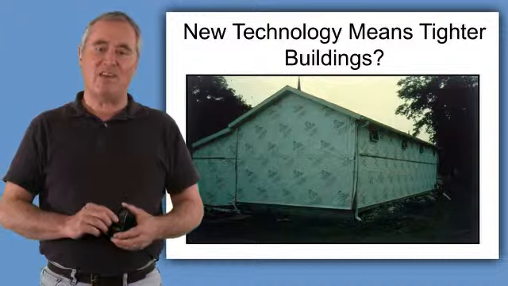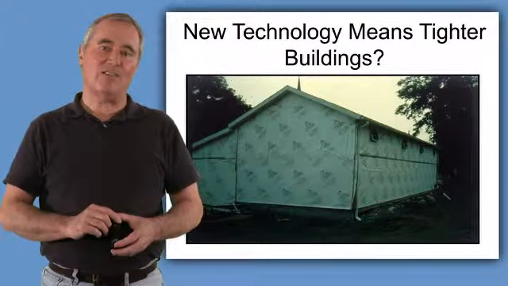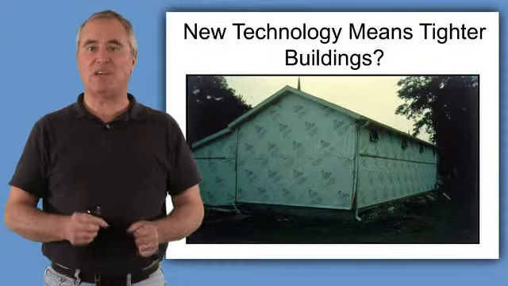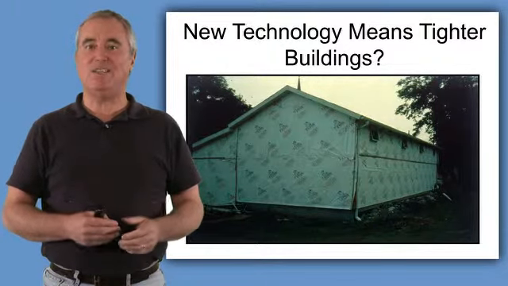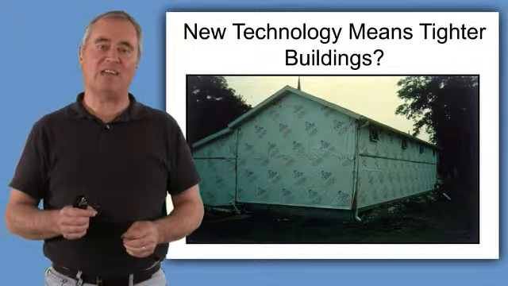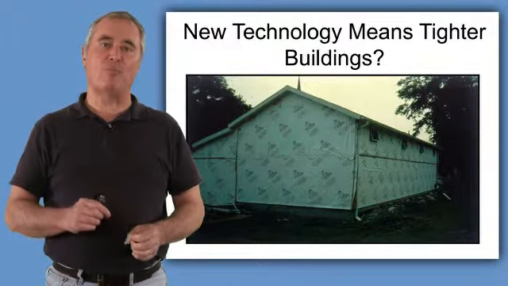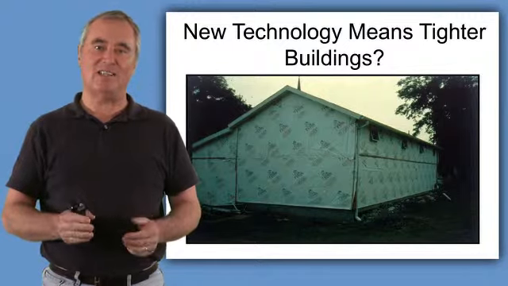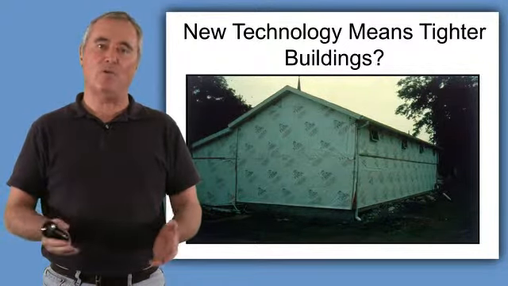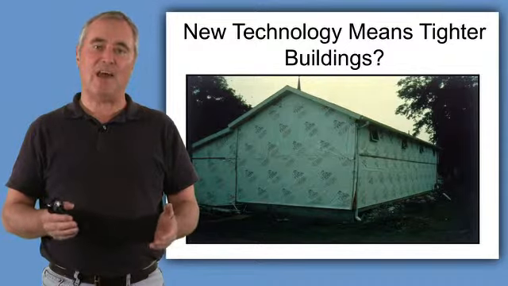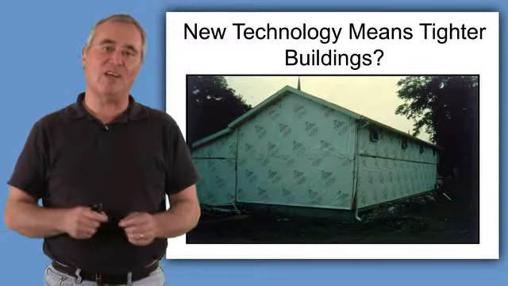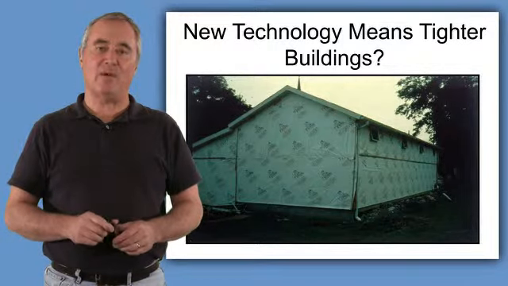So often we think that the new technology, like the new advanced house wraps and weather-resistive barriers, make it easy to decrease air infiltration. But if we're not taking a systematic approach to air sealing, sealing not only the walls, but the junction between the walls and the floor system or the slab, between the walls and the pressure boundary at the ceiling, we don't end up with a tight building.